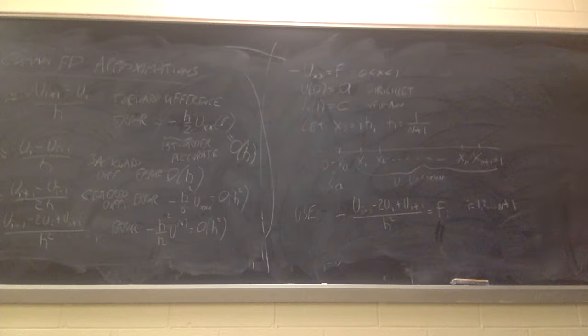So, where are my boundary conditions applied? They apply at x0, and they apply at xn plus 1. So for which equations am I going to have an issue? Like for which values of i am I going to have to do something different?